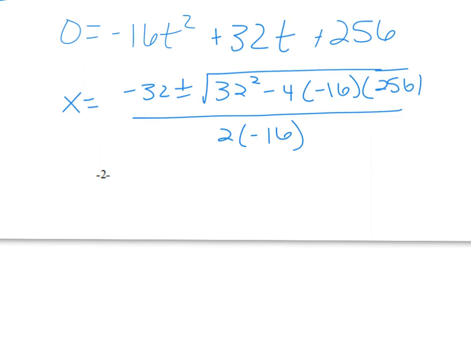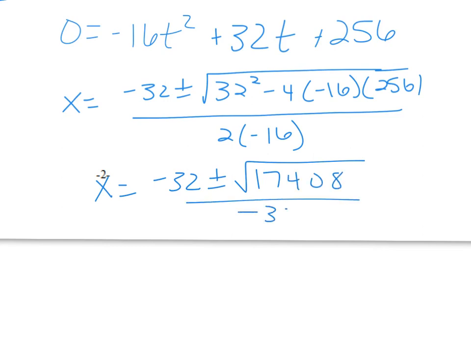Now, I am going to go ahead, though, and type in 32 squared minus 4 times negative 16 times 256. And so I'm going to end up with x equals negative 32 plus or minus the square root of 17,408 divided by negative 32.